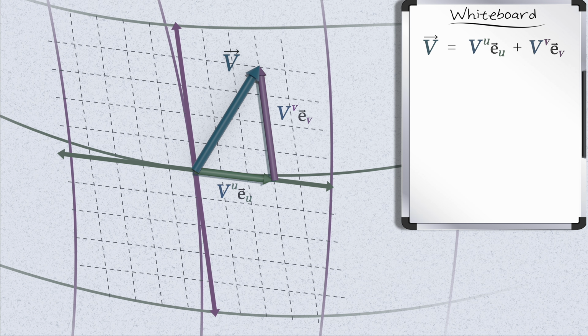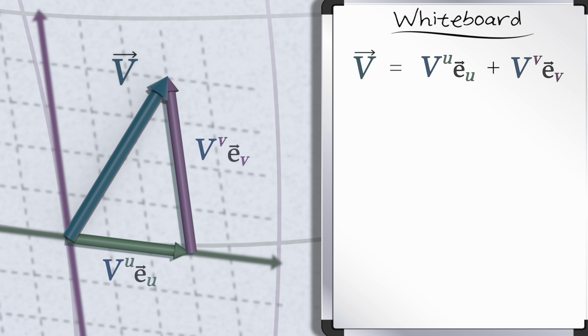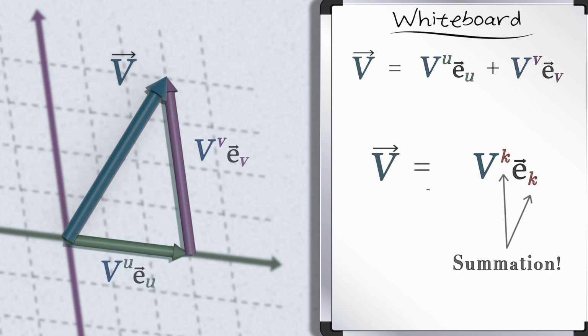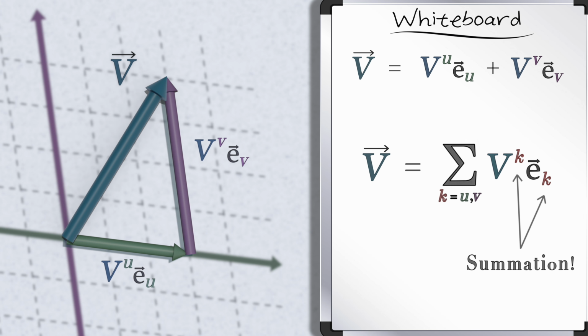To see how, let's first write out our vector in a simpler form, like this: v equals v^k e_k. The k here is a dummy index, which stands in for either the u or the v variable. And its appearance in the upper and lower indices indicates that a summation should occur over both the u and v terms.